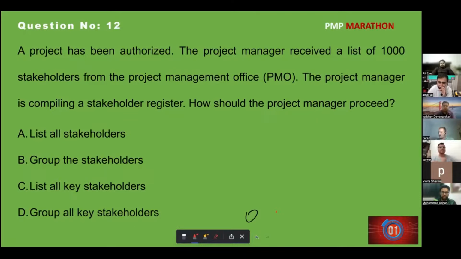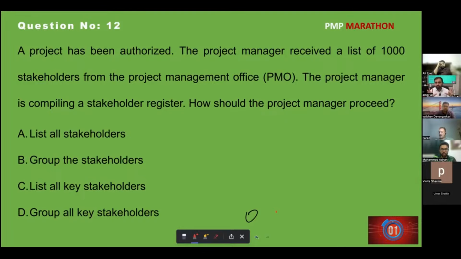Why C? Sir, basically I'm just pointing out the project manager is receiving a list of 1,000 stakeholders. So for sure, all of them he must be sorting out with the parameter of listing the key stakeholders. That comes later. First, I don't know which stakeholder is important or not.